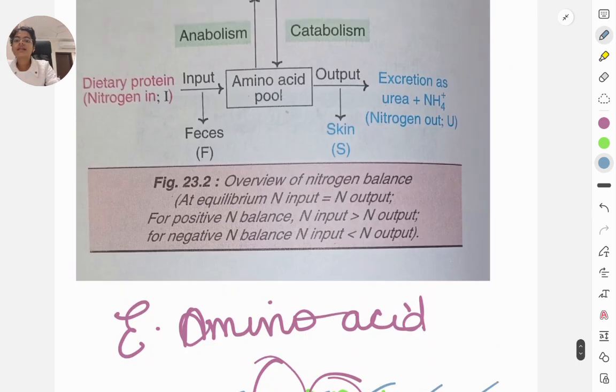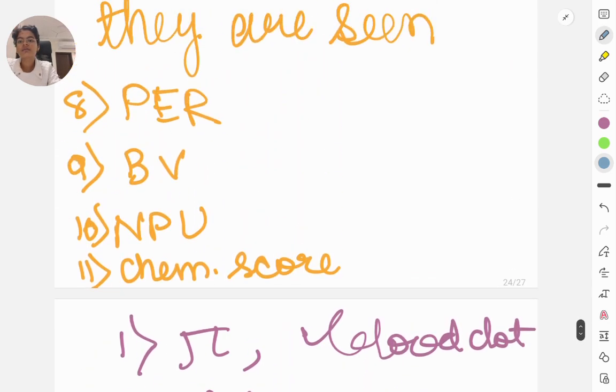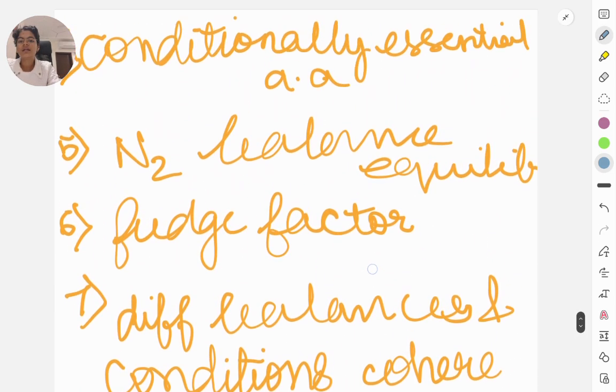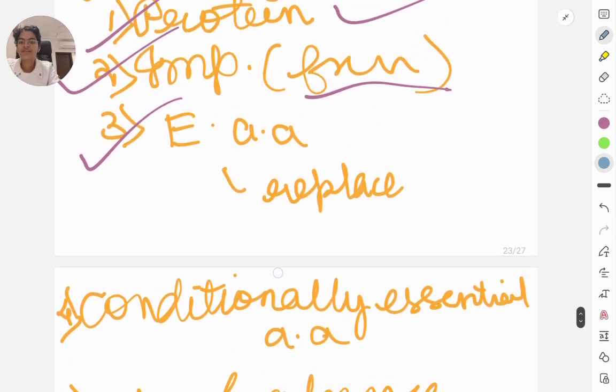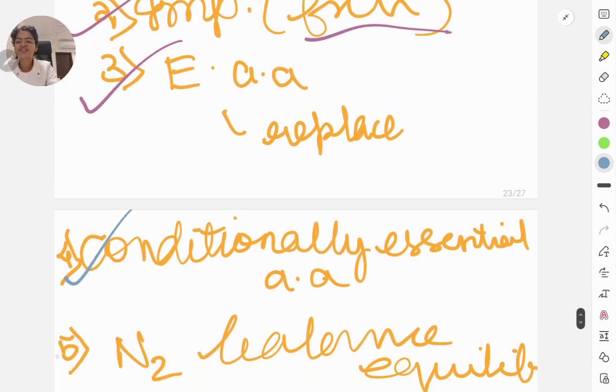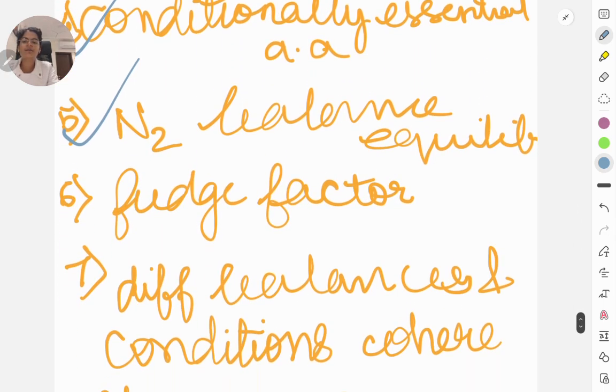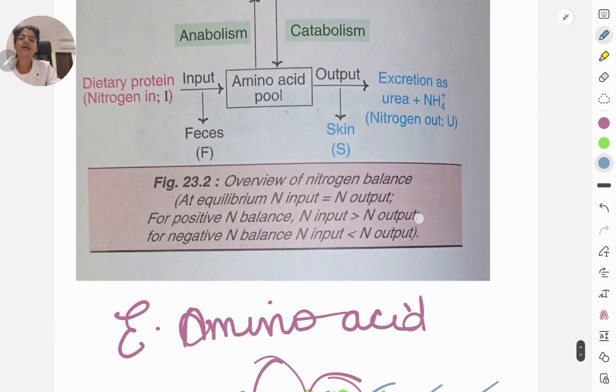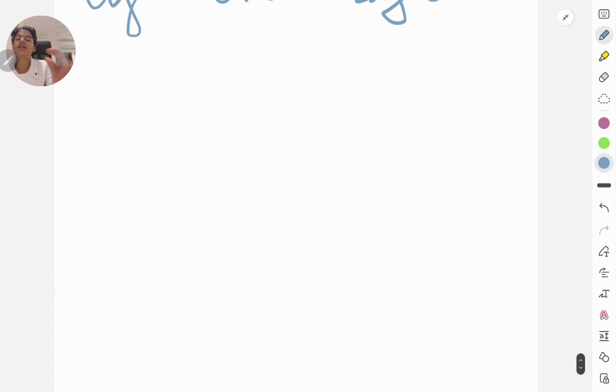Now what is the next topic? Yeah, conditionally essential is over. Now nitrogen balance equilibrium and then fudge factor. Nitrogen balance equilibrium says just a simple thing: whatever the intake of protein or nitrogen is, it would be equal to what goes out in an equilibrium condition.